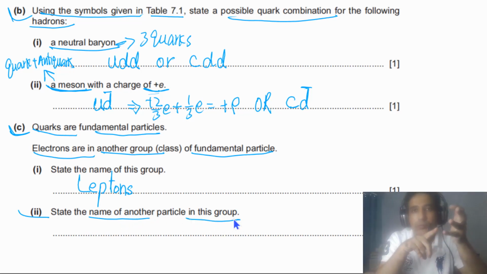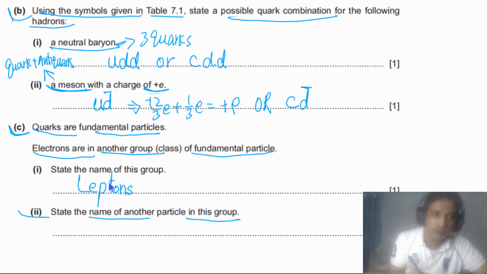Leptons consist of electrons, muon and tau, and also their neutrinos. So we can write down electron, and the antiparticle of electron is a positron. We can write down positron, we can write down neutrino, so we can say neutrinos, and also we can say antineutrino. You just need to write one of them.